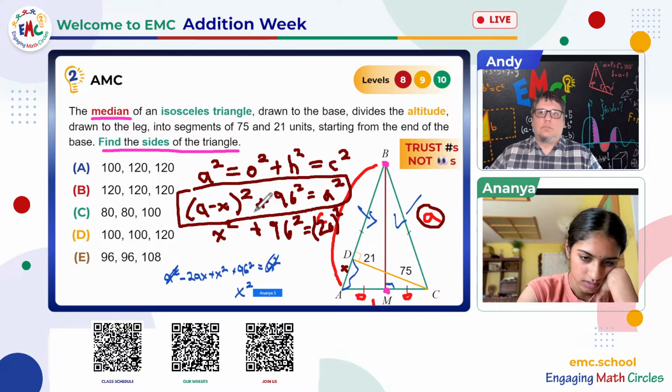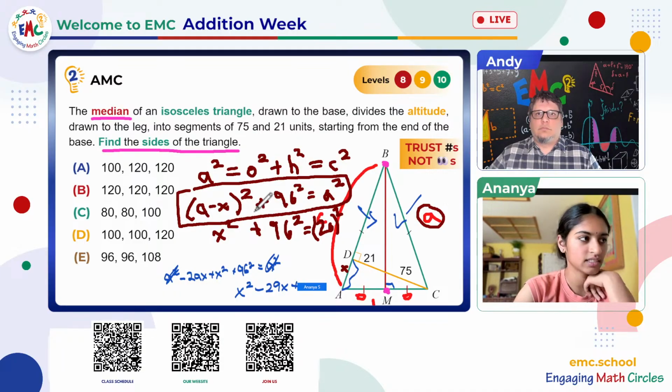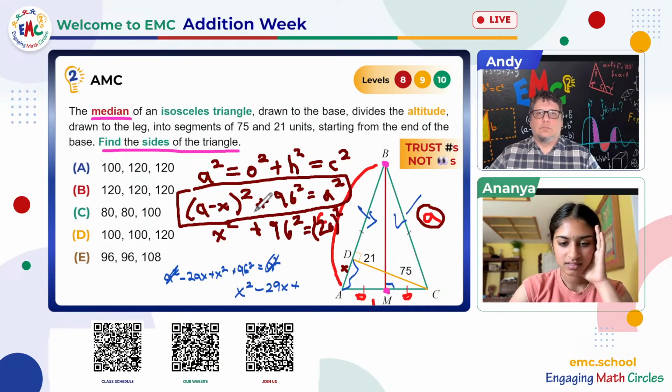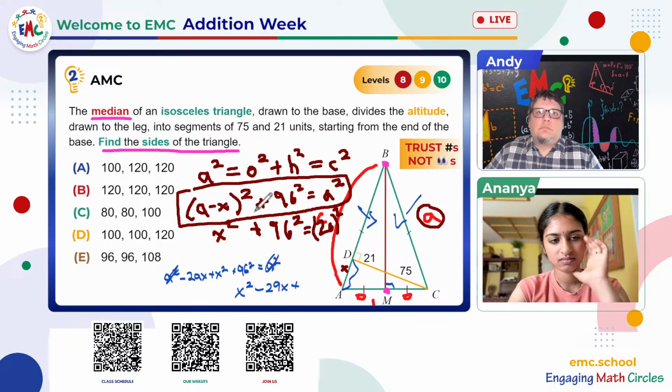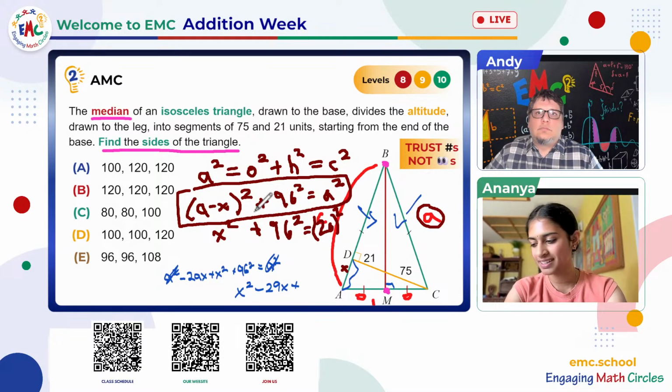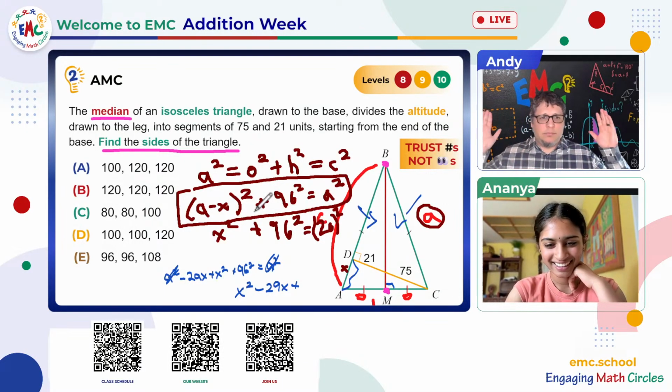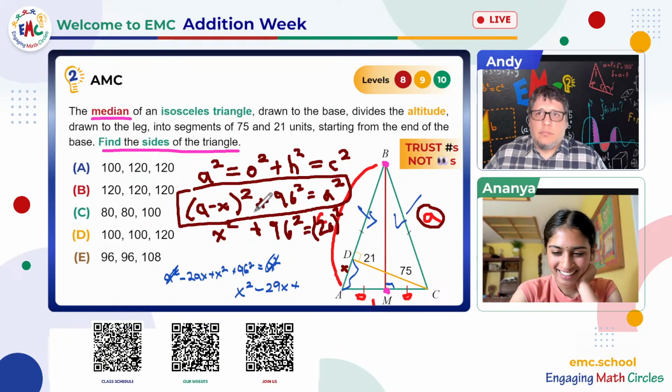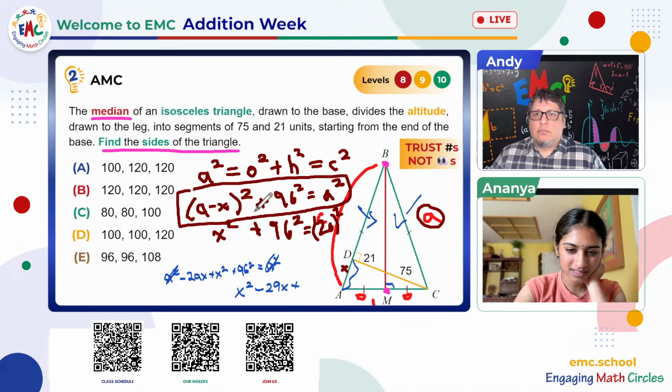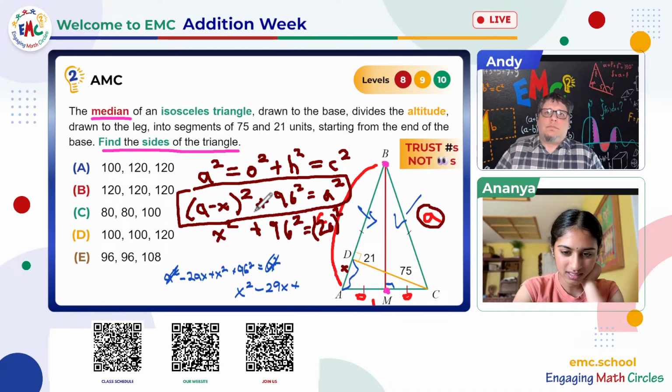So it's x squared minus 2ax plus what's 96 squared? A big number. Okay, so then we'll just keep it as is, but it's a constant term.